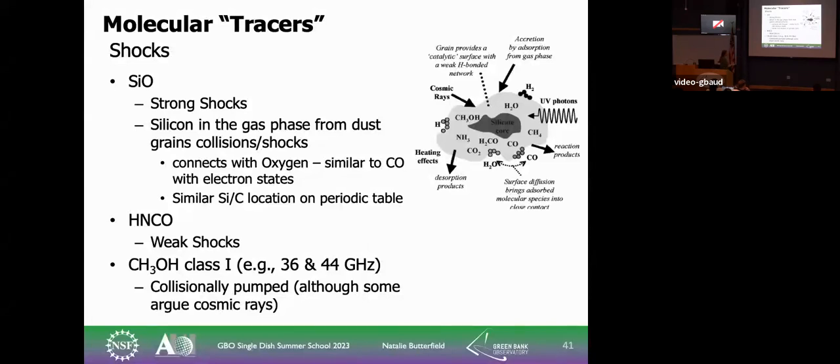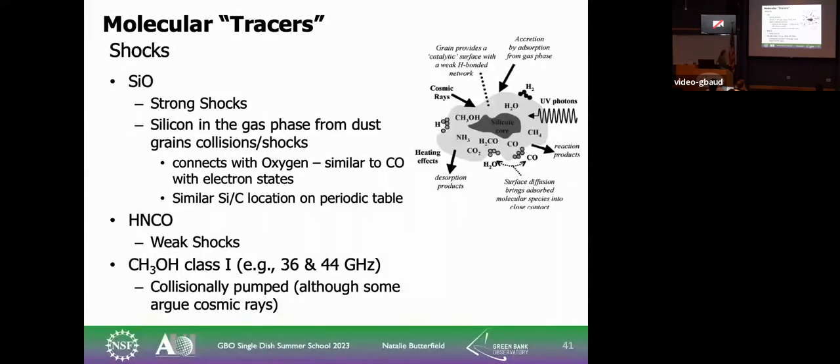When you get these cloud collisions or shocks that go through your propagating material, you're breaking apart that silicate core, which puts silicon in the gas phase, which can then connect with oxygen, forming SiO, similar to the way that you would observe CO with your types of electron states.